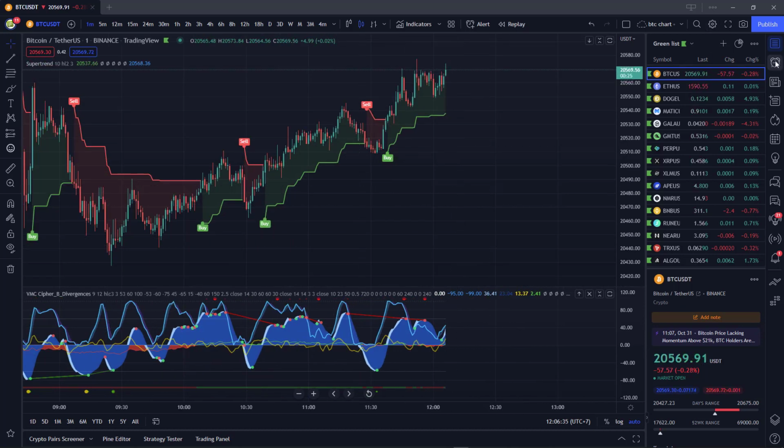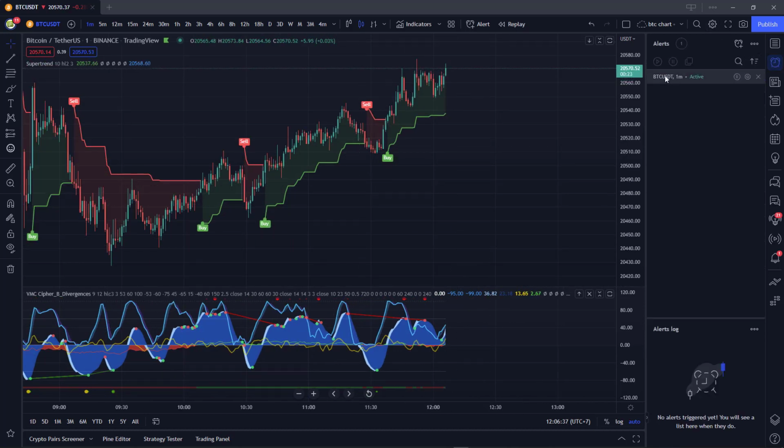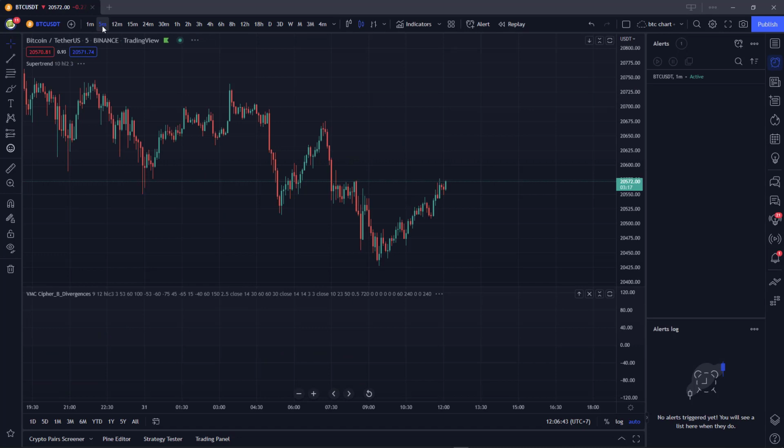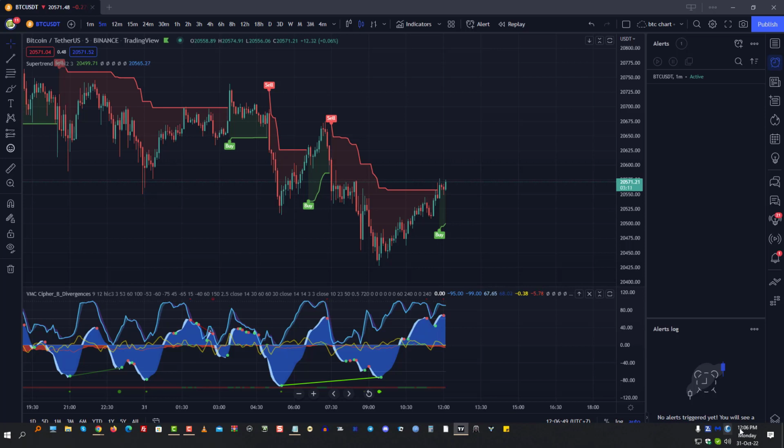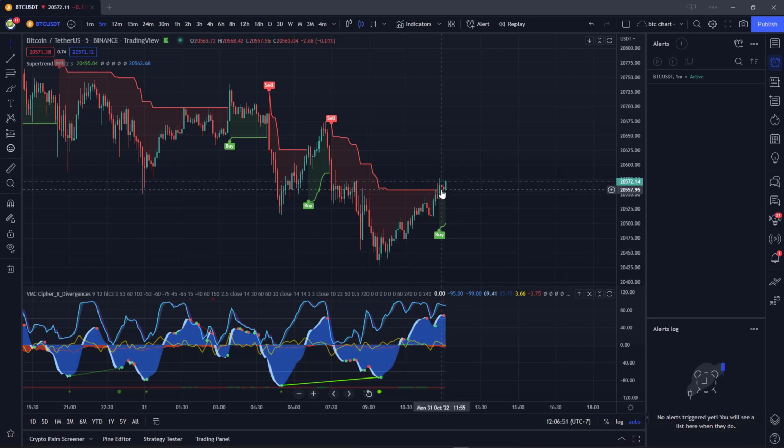So let's just check that that alert has been created. There it is. So there it is, and let's just check other time frames. Ooh, 11:50. About 16 minutes ago we got a buy.